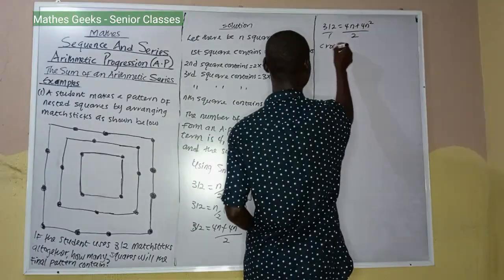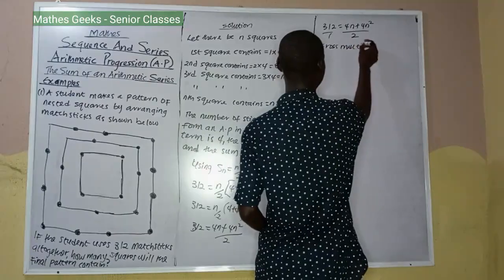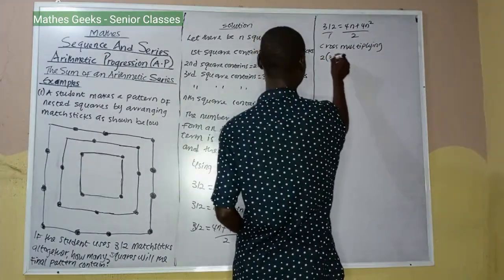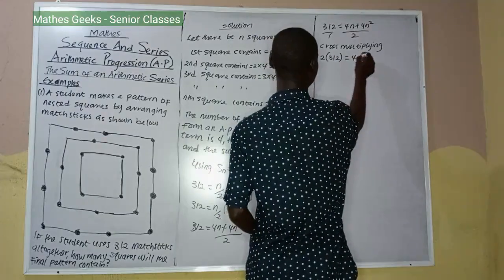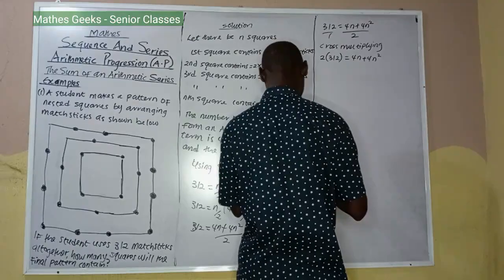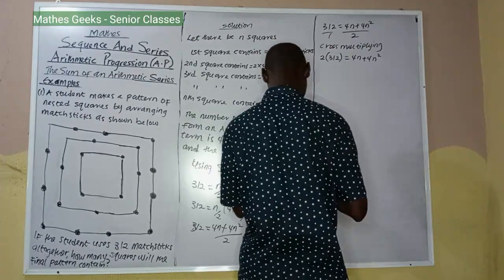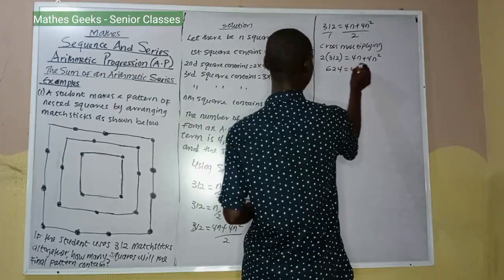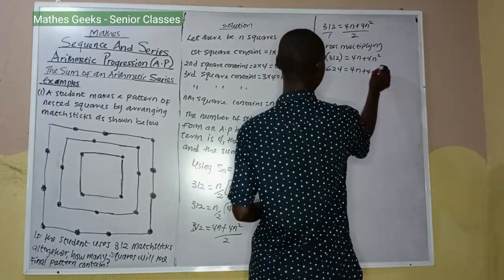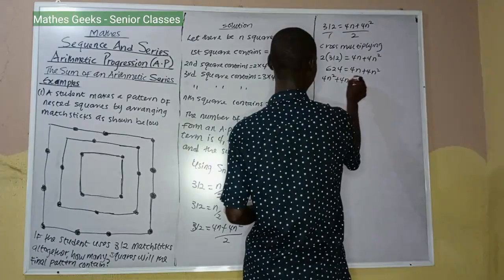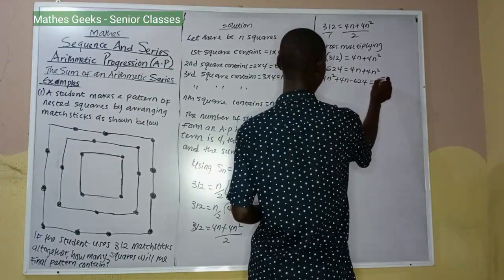Cross multiply. So 2 times 312 is 624, which equals 4n plus 4n squared. So 4n squared plus 4n minus 624 is equal to 0.